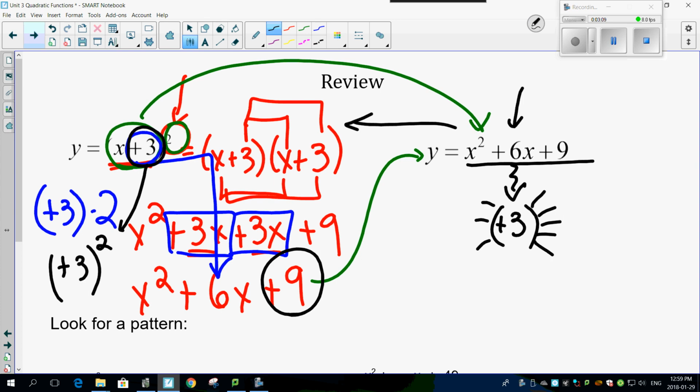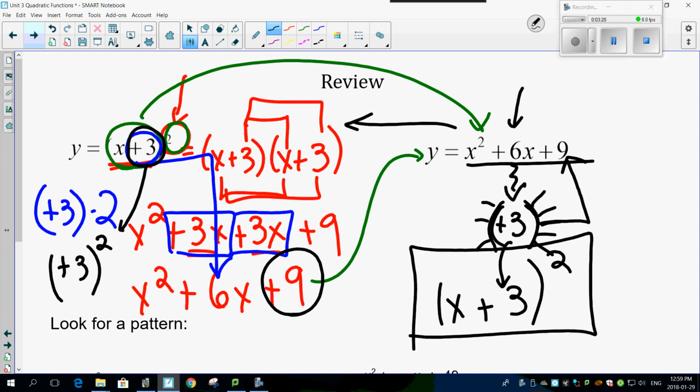Yes, positive 3 is our magic number. And look what happens if we square the magic number. We get 9. Now, why do I call it the magic number? Because look how I even put it in brackets. That's the guy who's going to go right there. There it is. That's how you go backwards.